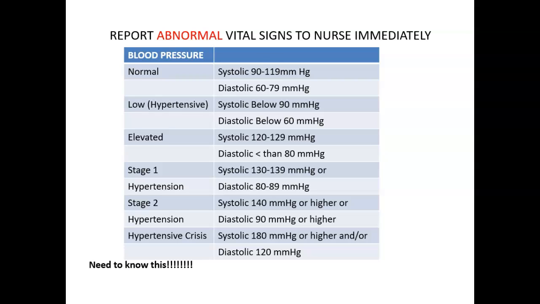So with all that being said, when you're taking a blood pressure, generally you would want to report anything if the number on top is higher than 140 or the diastolic is higher than 90. It's a hypertensive crisis if the systolic is higher than 180 or the diastolic is higher than 120.